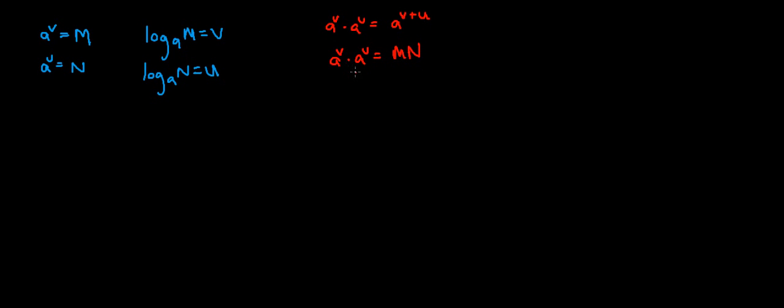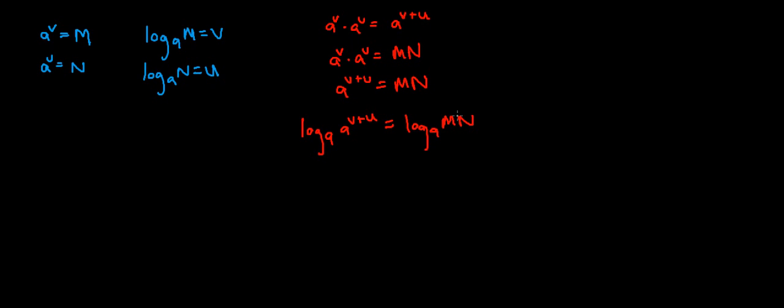Now, let me first use this. We say that a raised to the v times a raised to the u is equal to a to the v plus u, which is equal to m times n. Now what I'm going to do is take the log of both sides. So log base a of a raised to the v plus u is equal to the log base a of m times n.